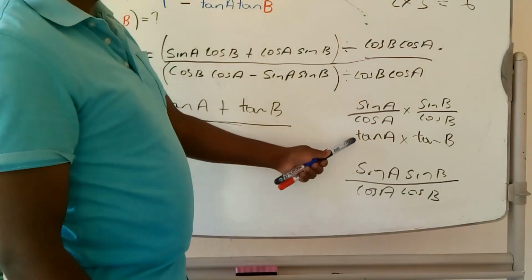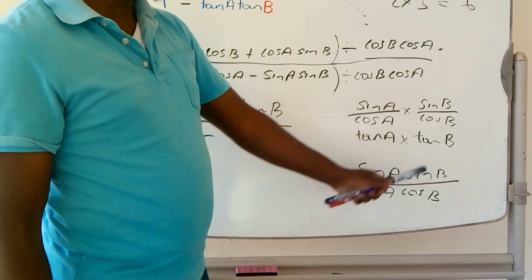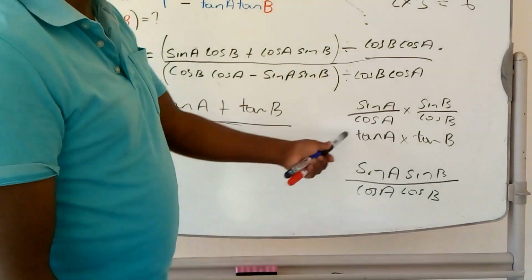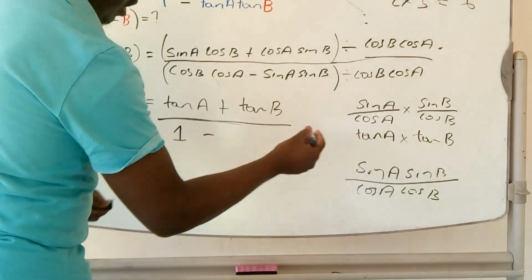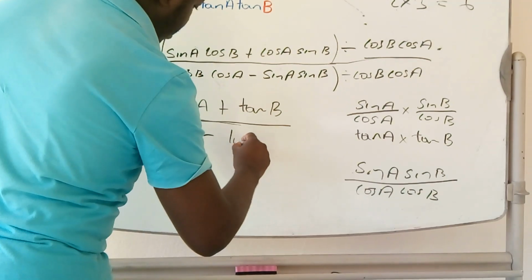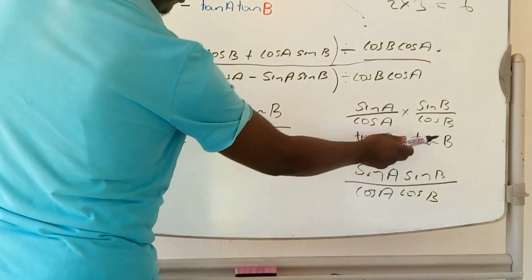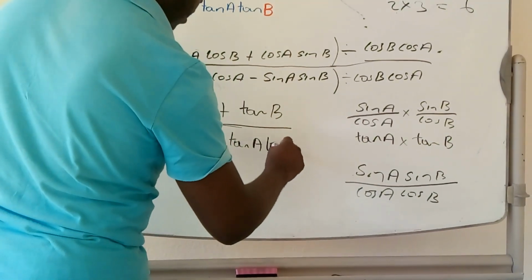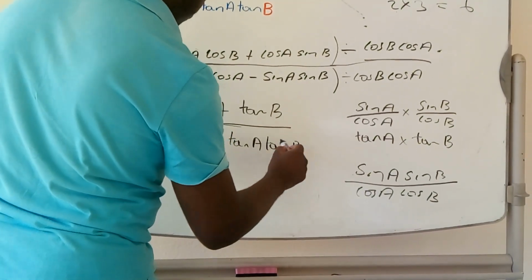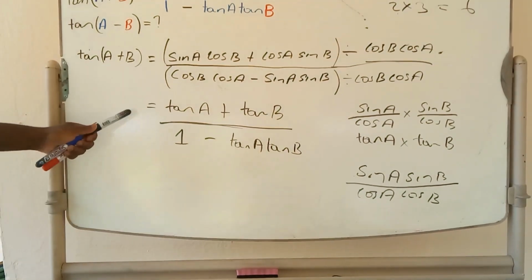And I can rewrite this without the multiplication sign, because it's the same thing. So this term just boils down to tangent of A, tangent of B. Have I proved it? I think so.